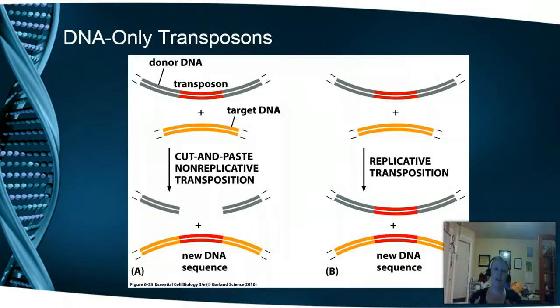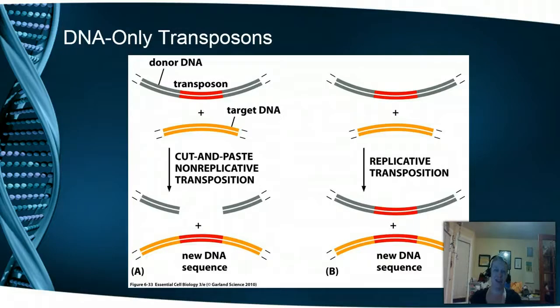So the first of them are DNA-only transposons. These require DNA to move around, and usually they have to be double-stranded DNA, and they will move from DNA to DNA. Here you can see the two examples we have. We have cut and paste, non-replicative transposition. This is where the transposon removes itself from the original DNA and sticks itself in the new sequence.